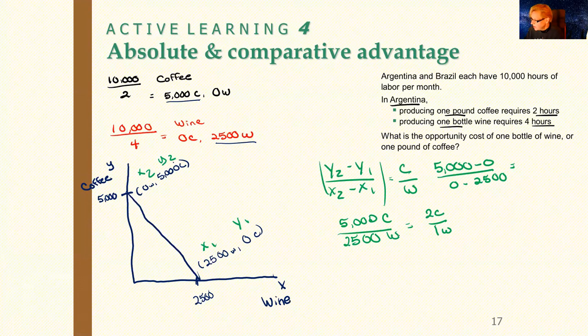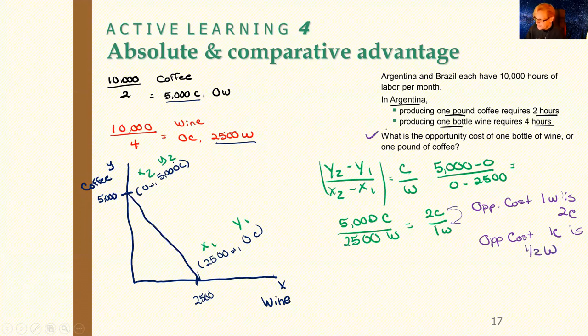The interpretation is that the opportunity cost of 1 wine is 2 coffee. The opportunity cost of 1 coffee is, and again, take the reciprocal, 1/2 wine. And that answers my question.